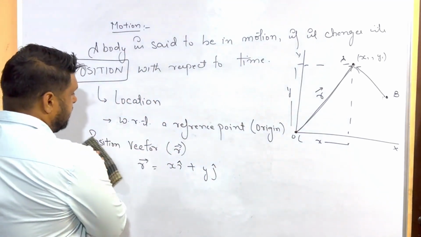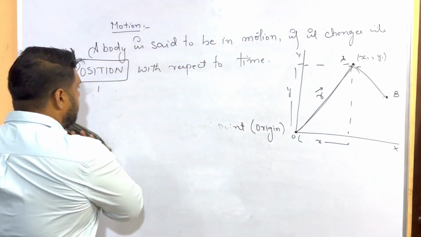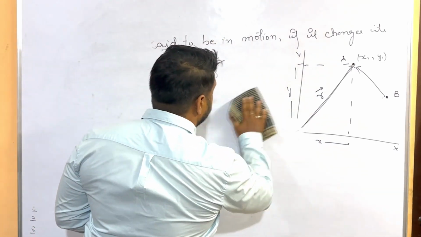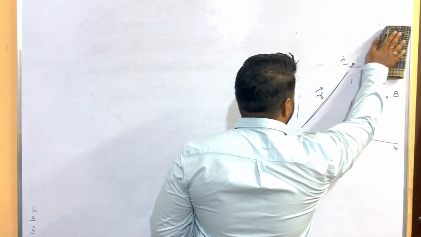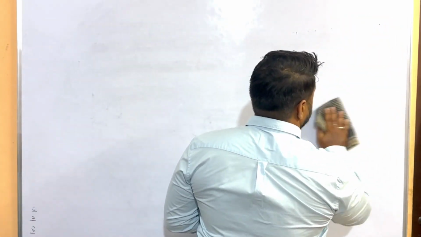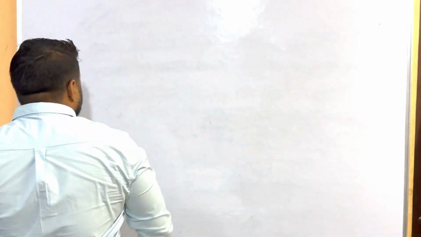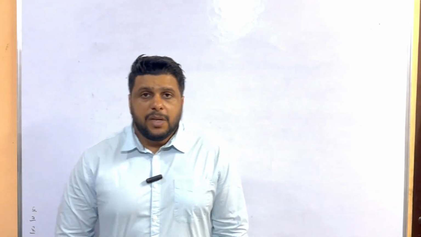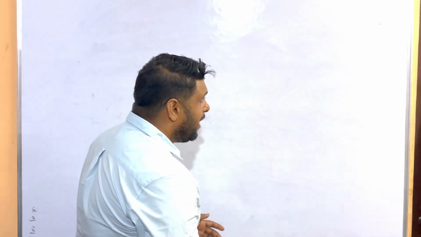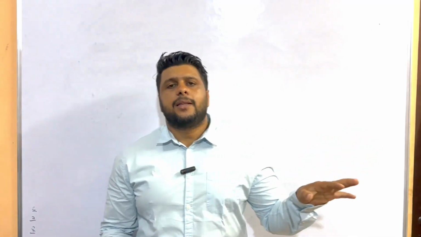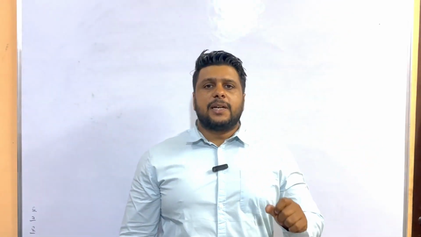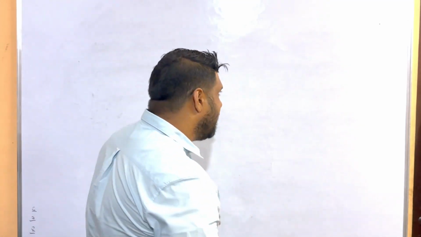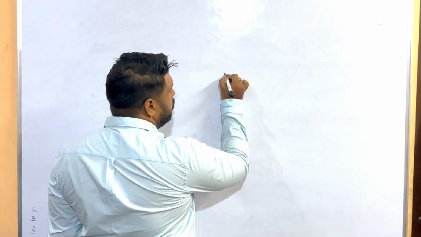So next, let me give you a scenario, then on the basis of that scenario we will study new definitions. Let's say a few days ago I went on a road trip. I started from Delhi and reached via Manali, Leh, Ladakh to Jammu. When I was at Jammu, I saw the route on Google Maps.